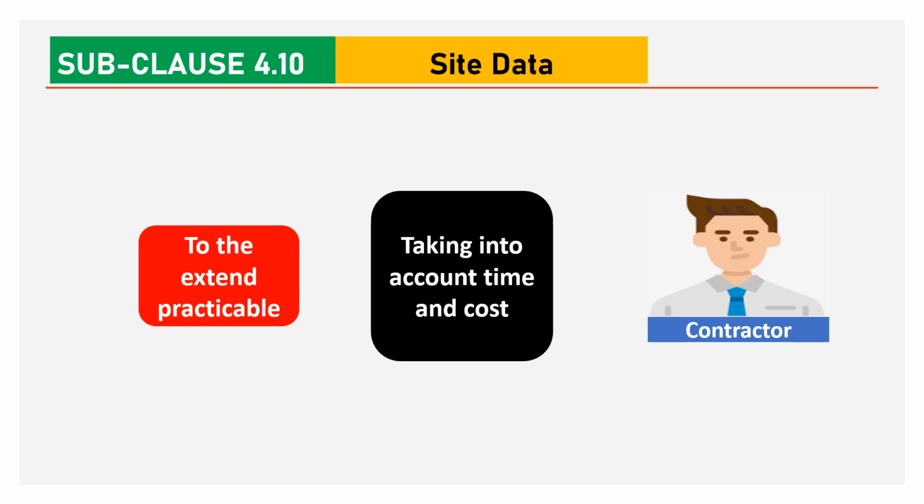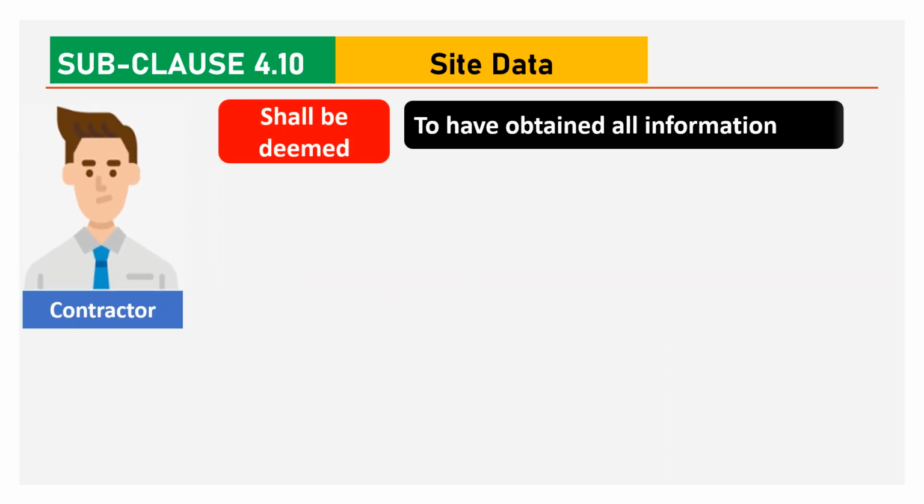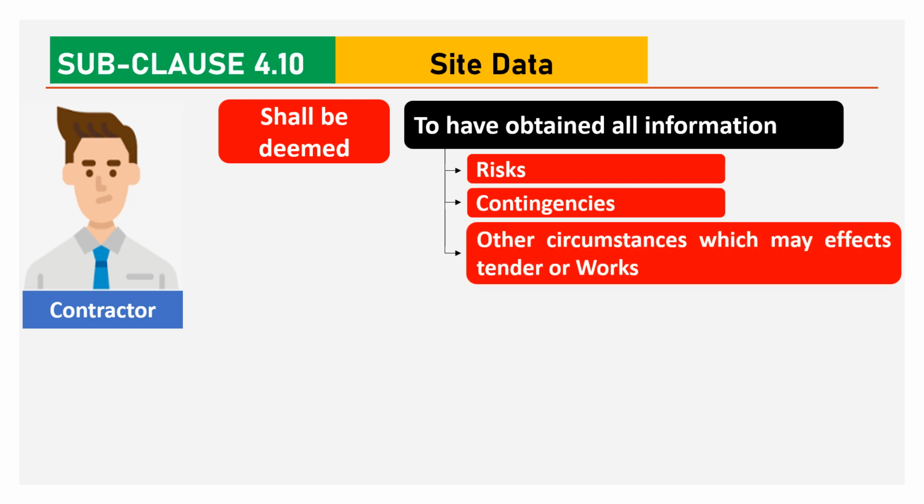This clause further says that, to the extent possible and taking into account time and cost, the contractor shall be deemed to have obtained all information regarding risk, contingencies, and other circumstances which may affect the tender or works.